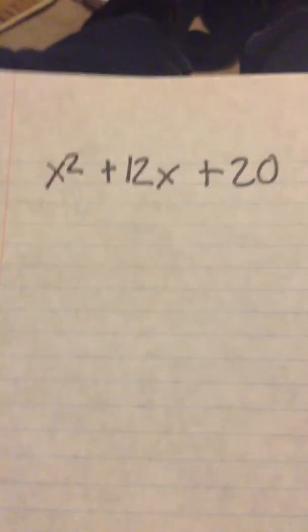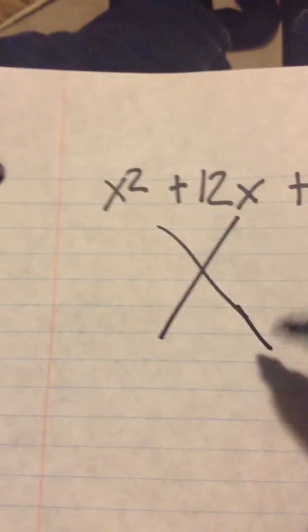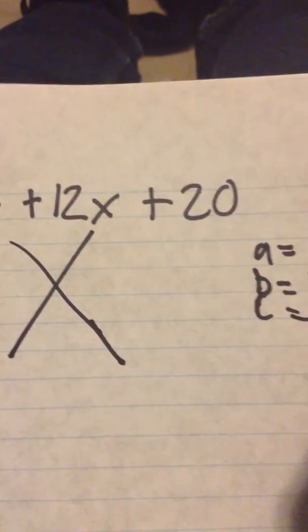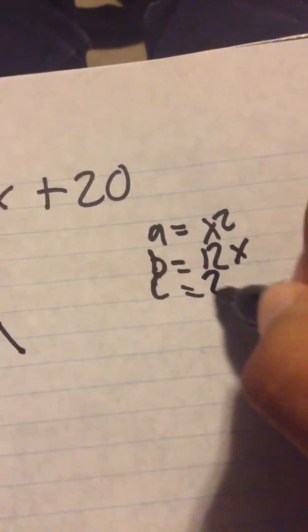And then for this one, the trinomial, as you can see, there is no greatest common factor. So we're going to use the diamond method. Draw the x, and we have to label these A, B, and C. A would be x², B would be 12x, and C would be 20.